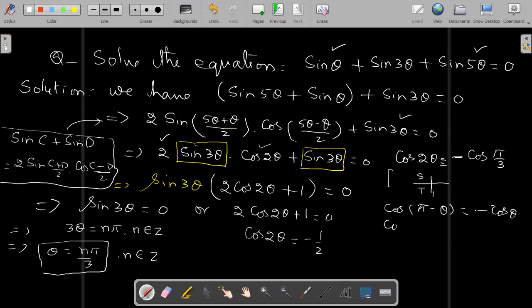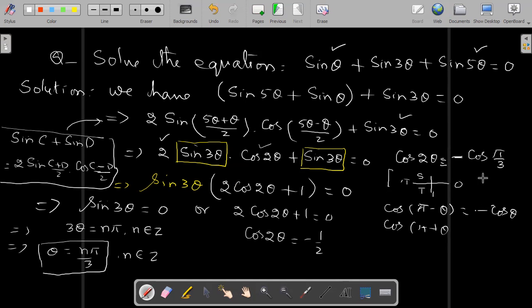But cos(pi plus theta) is also minus cos theta. So we have to take the angle between 0 to pi, here pi by 2 up to pi.